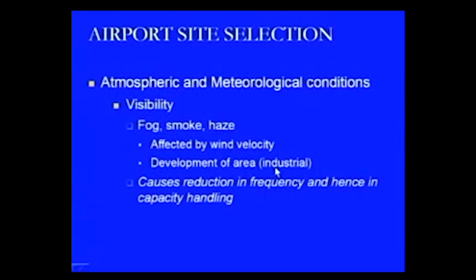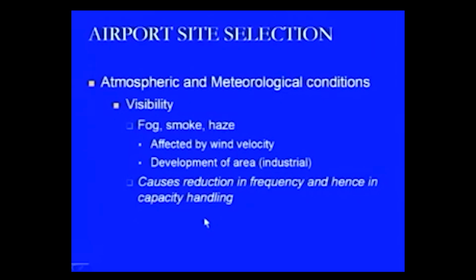If it is an industrial area, then there are more chances of smoke coming out of that. And in continuation of that, if the wind is blowing from the industrial side towards the airport side, then the whole of the smoke will always be coming to the airport side. Whereas, if the airport is on the windward side and the industrial area is on the leeward side, then the wind will always be moving away from the airport and there will not be any problem of smoke.